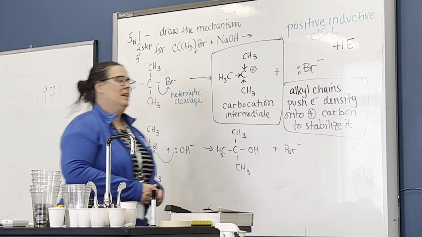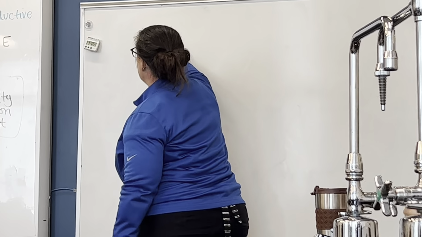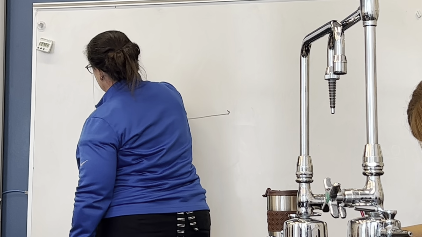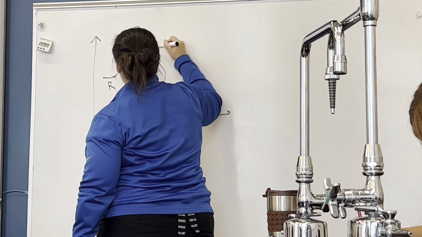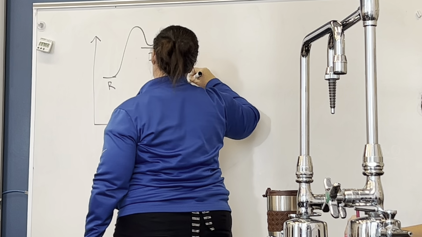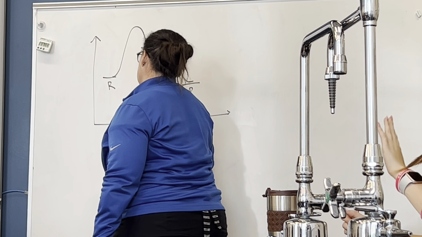If we had to draw the reaction profile for this, because you're talking about kinetics, this is a two-step process. You told me the first step was likely the slow step, so you would have reactants. The overall reaction is spontaneous, it happens without me doing anything.